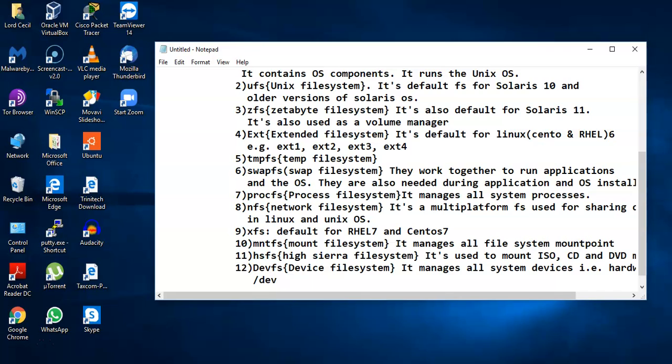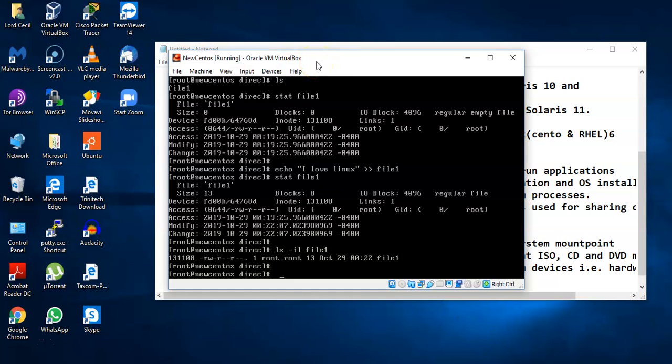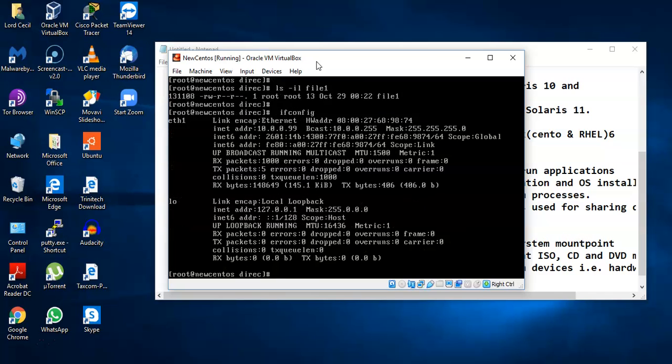The first is the /dev directory. It contains the logical names of system devices, and the logical name of a device is the label given to that device by the operating system. For example, on my server we do ifconfig, and it shows ETH0 or ETH1.